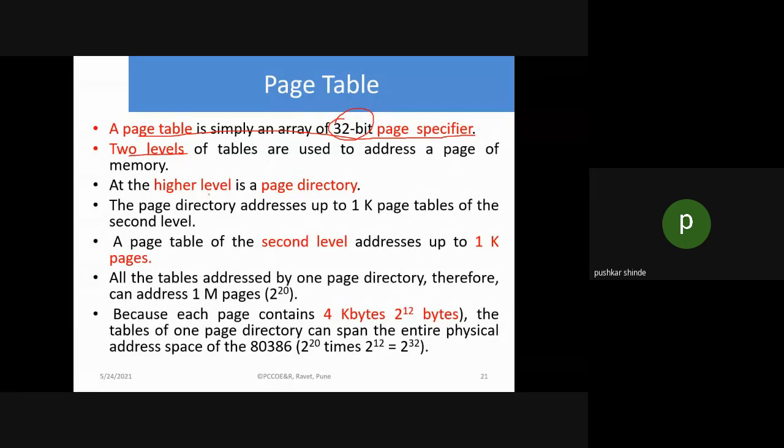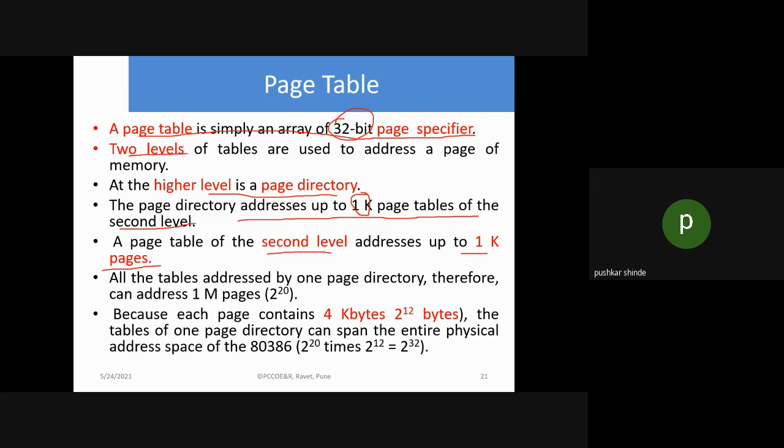At the higher level is a page directory. The page directory addresses up to 1000 page tables of the second level, 1024 specifically speaking, that is 1K entries in a page directory. A page table of the second level addresses up to 1K pages. So in the page table also there are 1K entries.